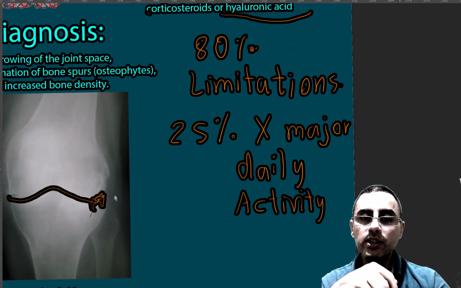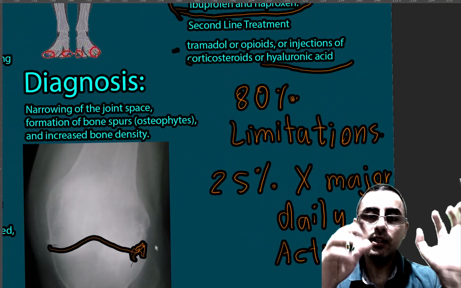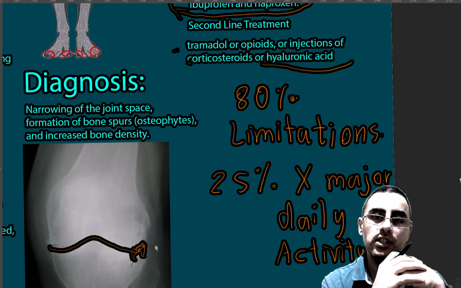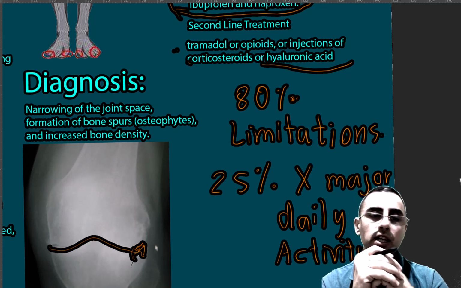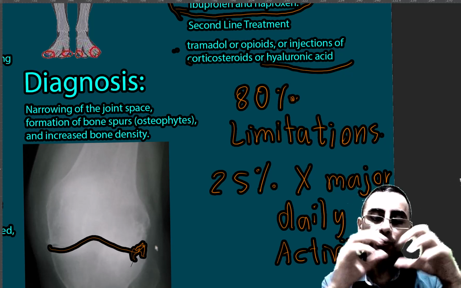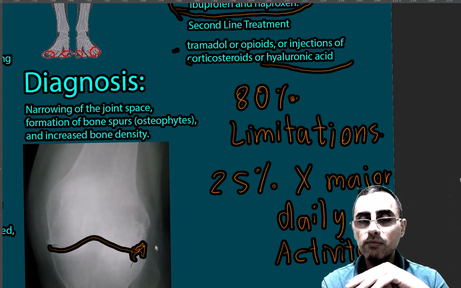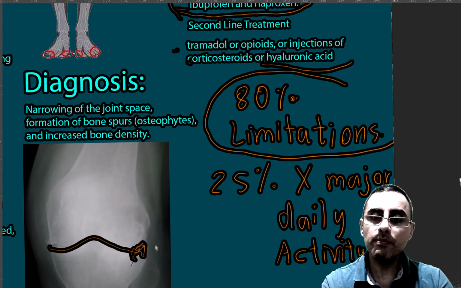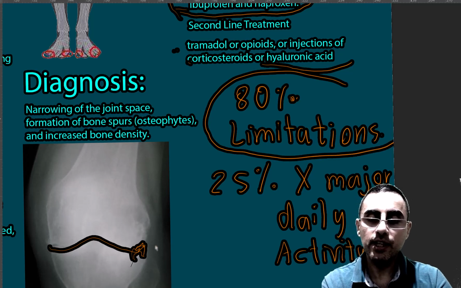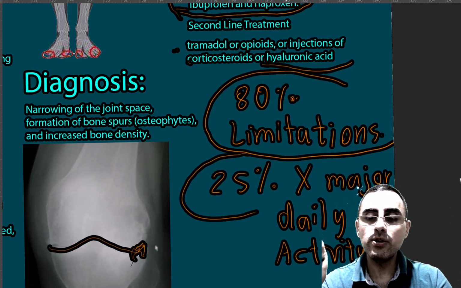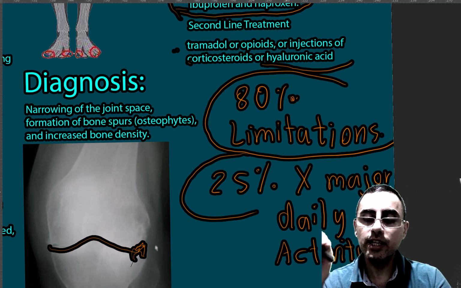And what is prognosis? It's chronic disease. It's progressive over time. When cartilage is broken down and lost, it will not recover. So it will not improve over time, but we can manage symptoms. And 80% of patients will have some limitations in the activity, and 25% of patients will have major limitations in daily activities.